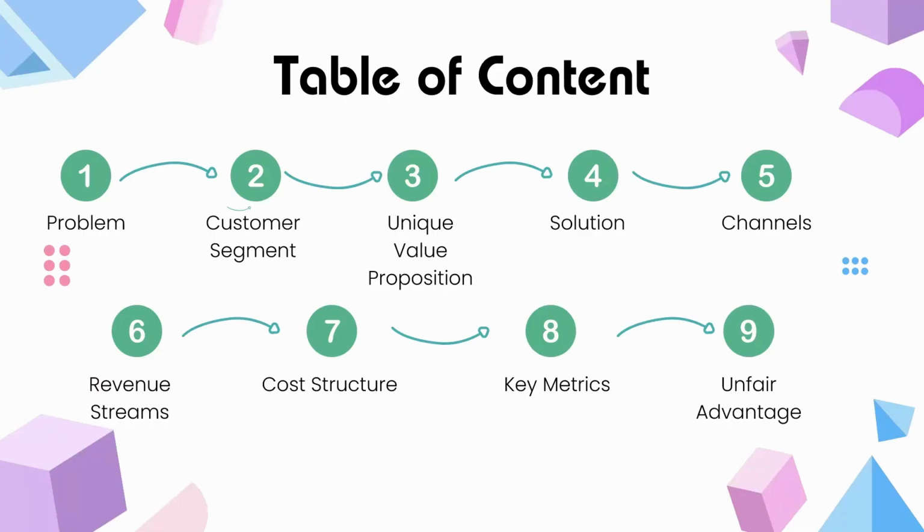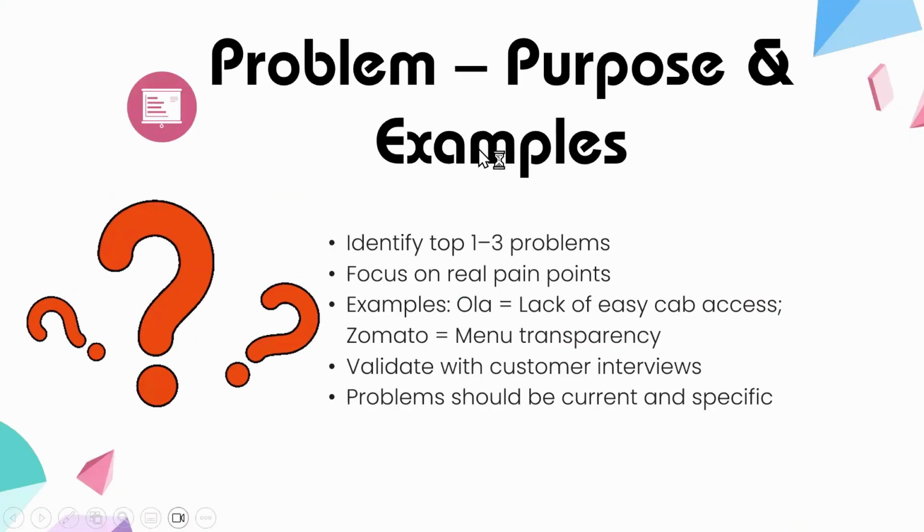So these are some key metrics. Key metrics talk only about numbers, not just subjective terms. It talks about how many numbers you are able to achieve. And the last one is unfair advantage, which says why your solution cannot be copied by your competitors. Correct? So let's look at each of the nine blocks one by one in depth.